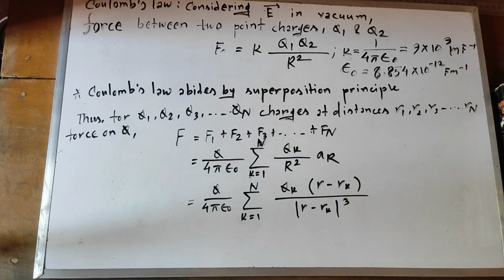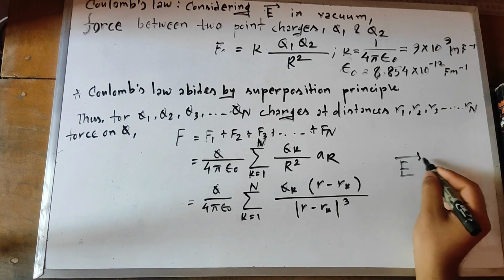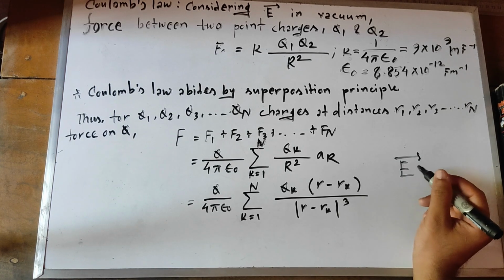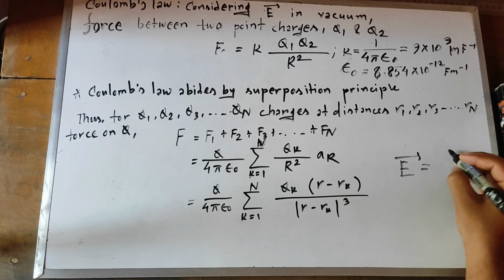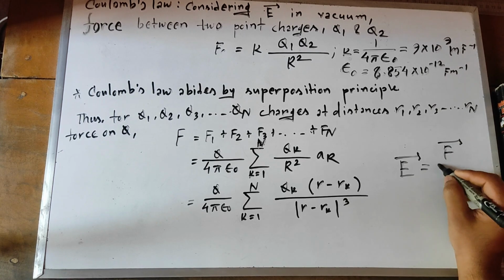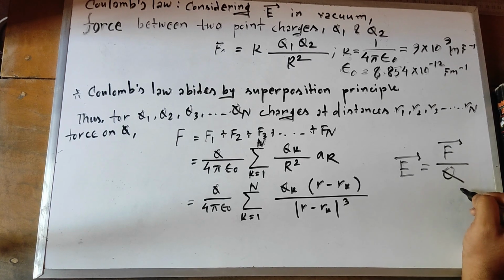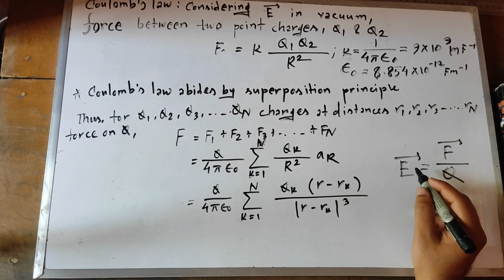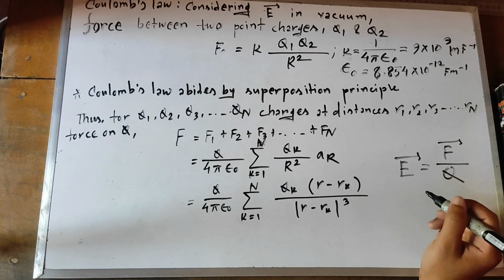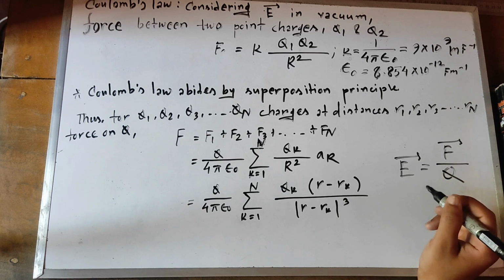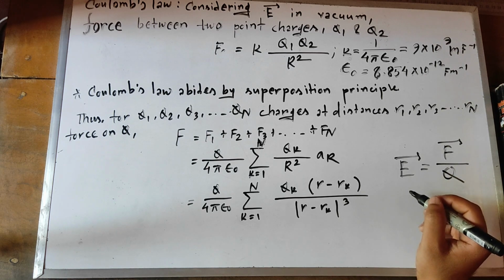So we are talking about electric field E, but what is E? E is nothing but force per charge. The electric field is expressed in quantity by the electric field intensity.